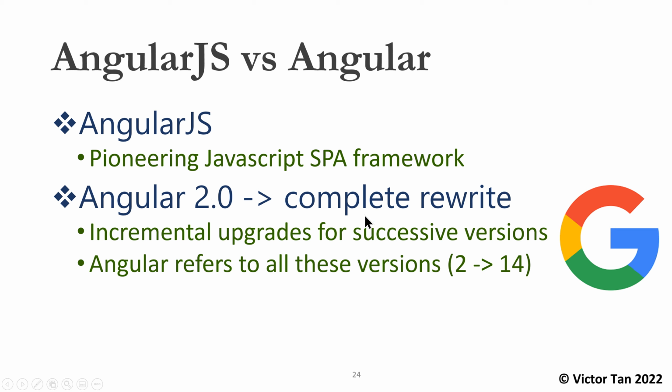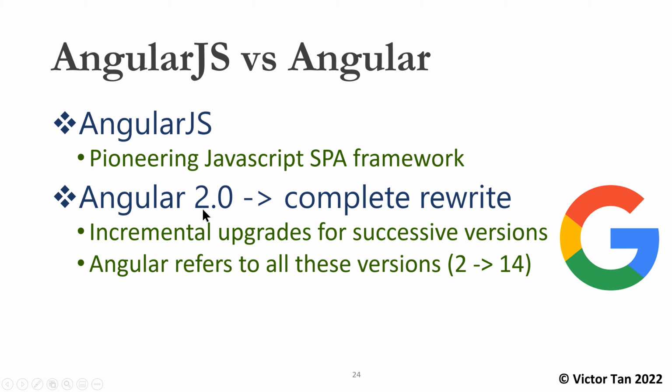Therefore, in order to ensure that people who had already spent a lot of time developing their apps using AngularJS did not have to waste their time learning Angular 2.0 again, the community that developed AngularJS continued to maintain AngularJS. So AngularJS is still available for download and for you to use, but pretty much everybody who is new to Angular uses Angular 2.0 onwards.